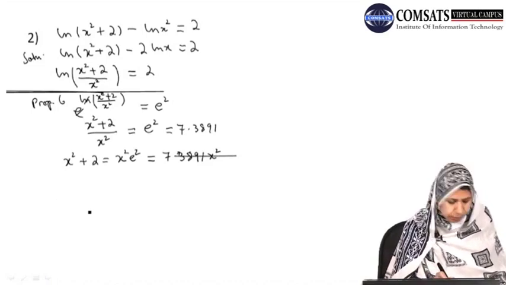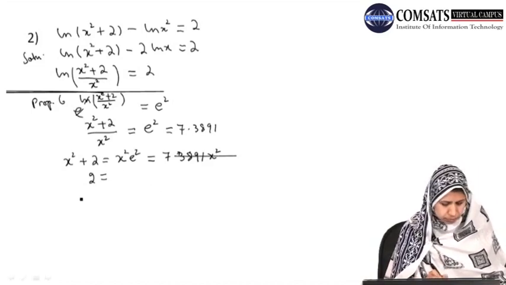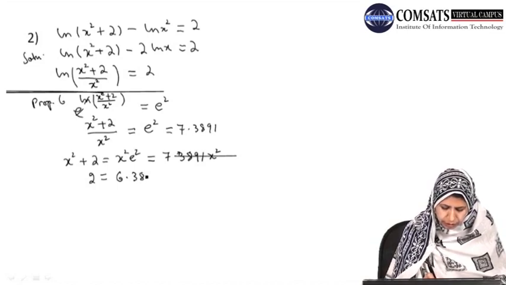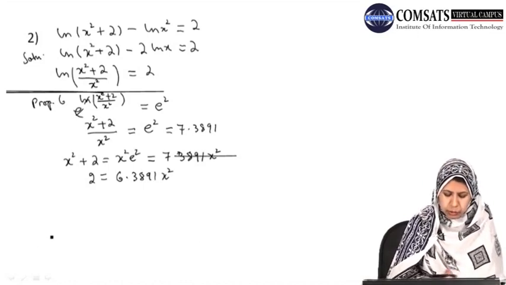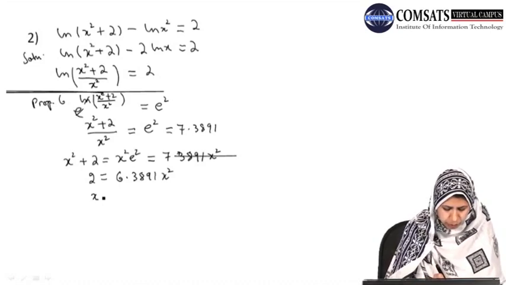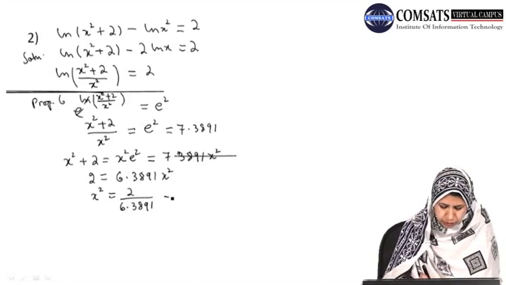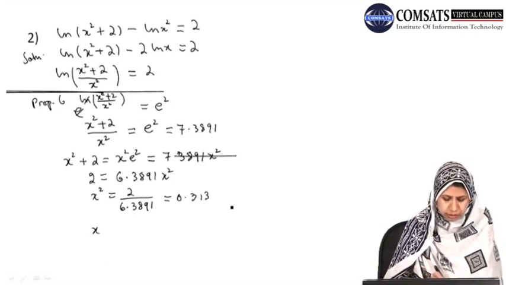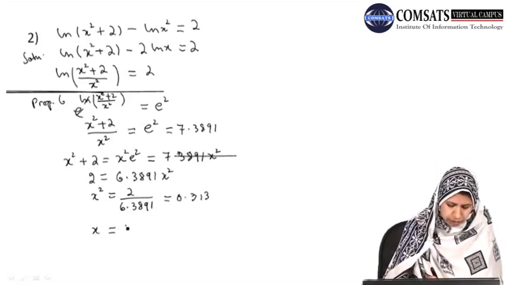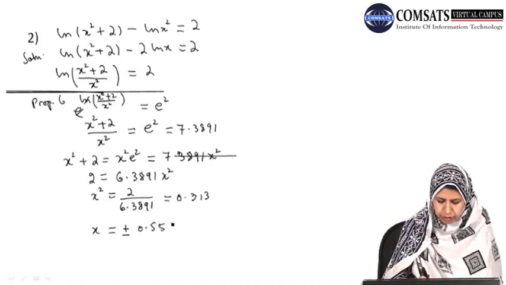Simplifying, we obtain that 2 is equal to 6.3891 x square by taking the x square to the right hand side, and now dividing 2 by 6.3891, we obtain x square is equal to 2 over 6.3891, which is equal to 0.313, and by taking the square root on both sides, we obtain the possible values of x are plus minus 0.5595.